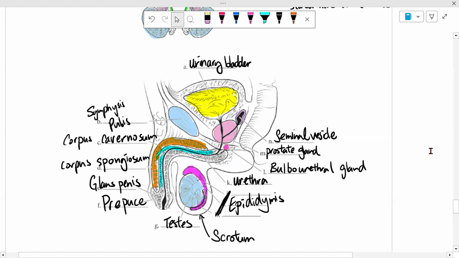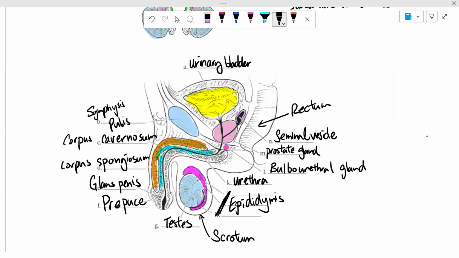Sorry, another question. Are we not going to label like the rectum and the anus in this diagram? We could, yeah. There is the rectum. And then there's the anus. Okay.